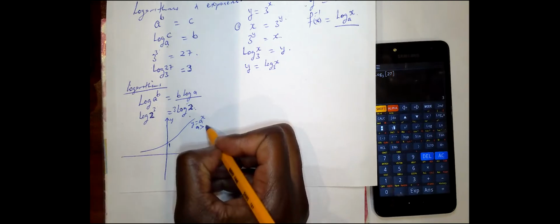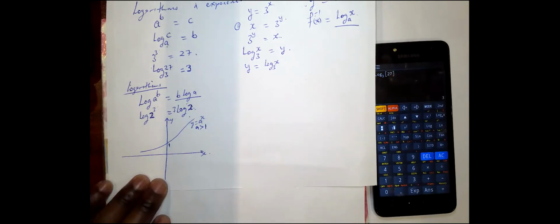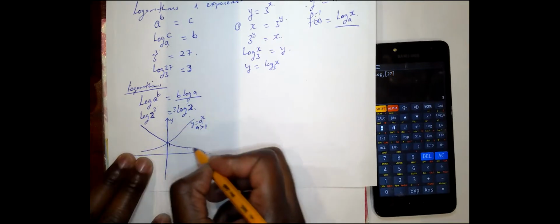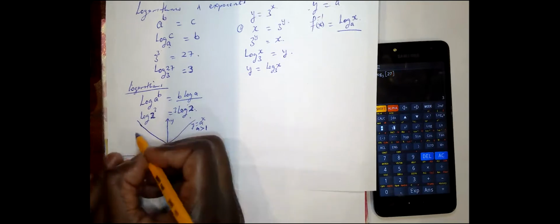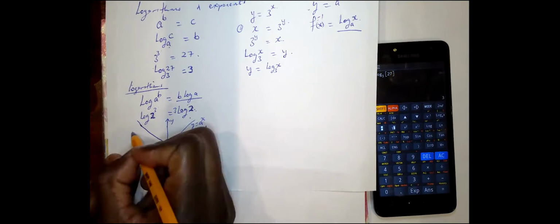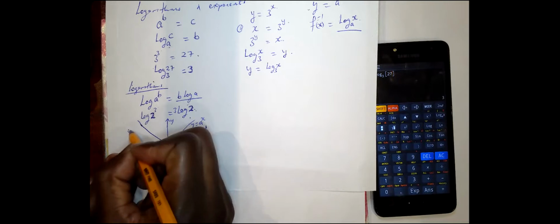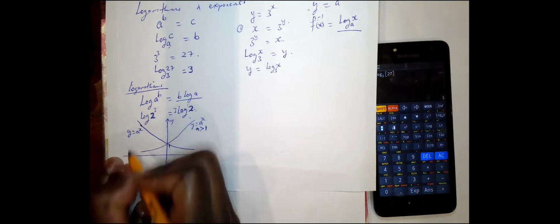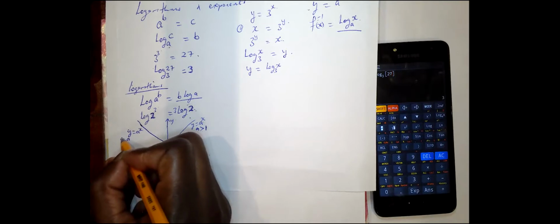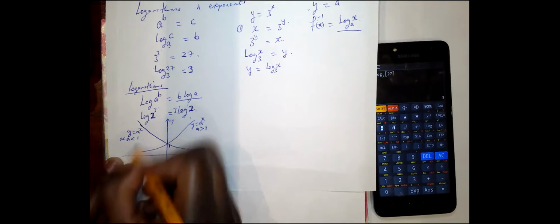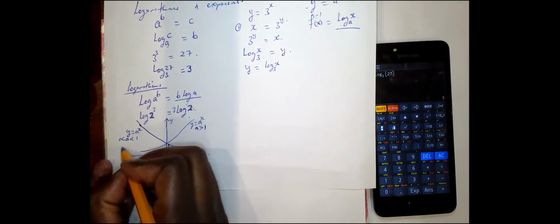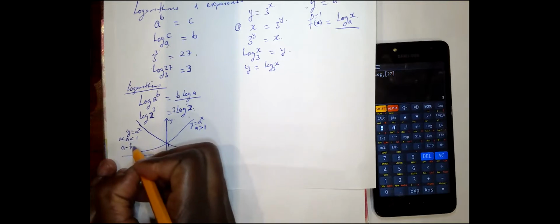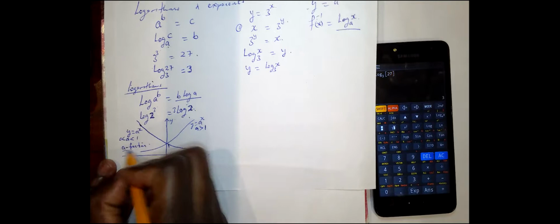But where a is a fraction, we have an equation like that, y equal to a to the power of x, but in this case a is between 0 and 1. That's what you must know there.